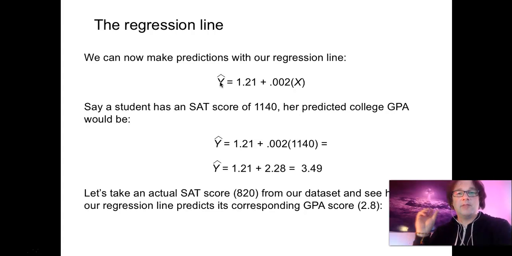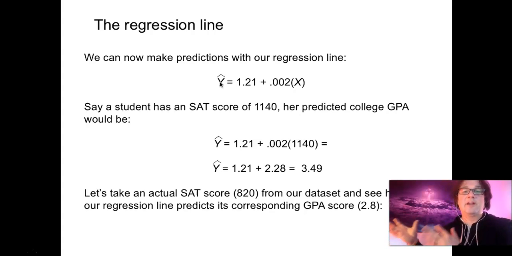So we'll take 820 out of our data set and plug it into this model to see how close it gets to its corresponding GPA. In our data set, an SAT score of 820, that person had a GPA of 2.8. So let's see what happens when we put in 820 into our regression model.